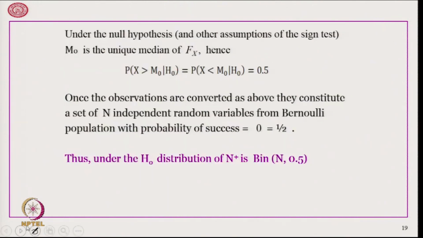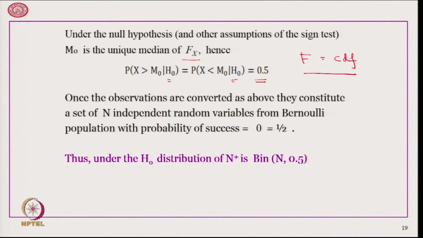Now, under the null hypothesis, let us see what happens. m naught is the unique median of f x, where x is the underlying random variable and f is the CDF, the cumulative distribution function. Therefore, probability x is greater than m naught under the null hypothesis is the same as probability x is less than m naught under the null hypothesis, and that value is equal to half.